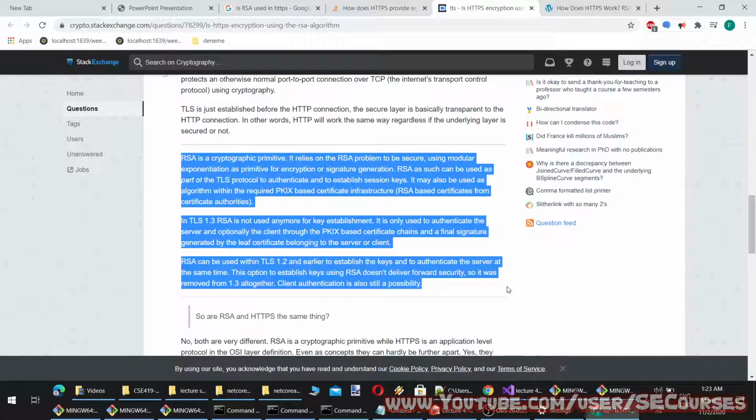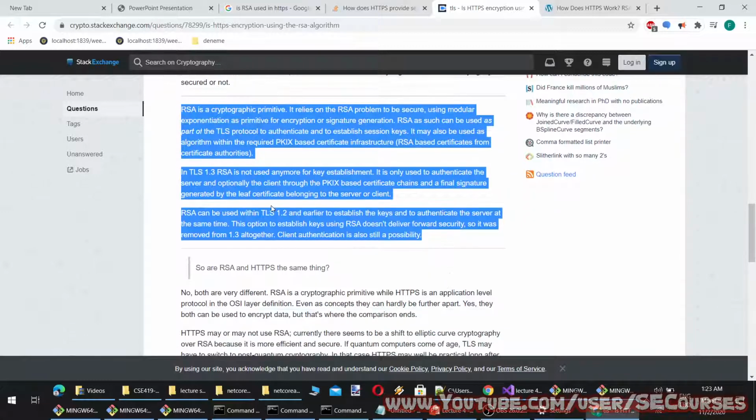In TLS 1.3, RSA is not used anymore for key establishment. It is only used to authenticate the server and optionally the client through the PKI-based certificate chains and a final signature generated by the leaf certificate belonging to the server or client. RSA can be used within TLS 1.2 and earlier to establish the keys and to authenticate the server at the same time.